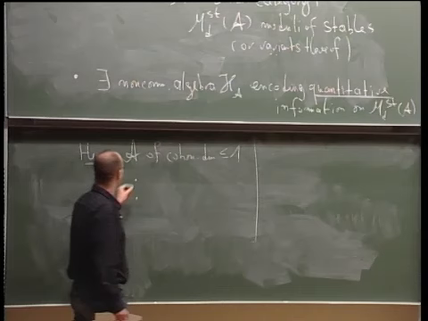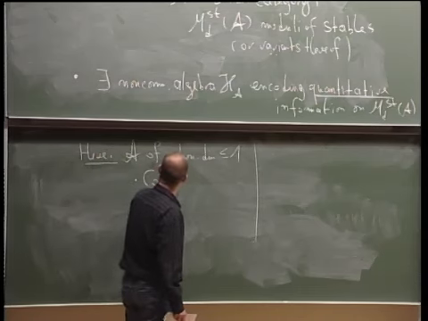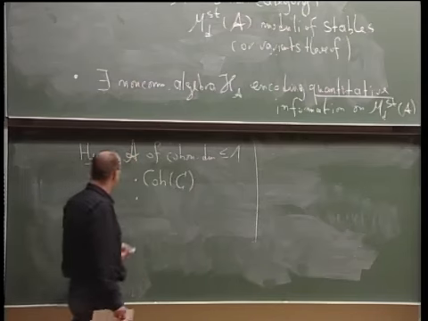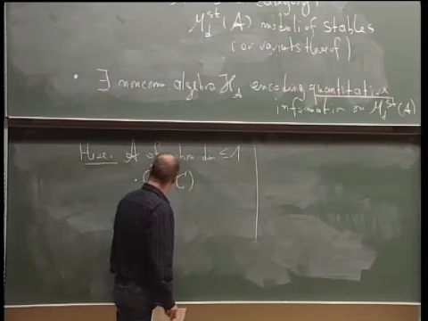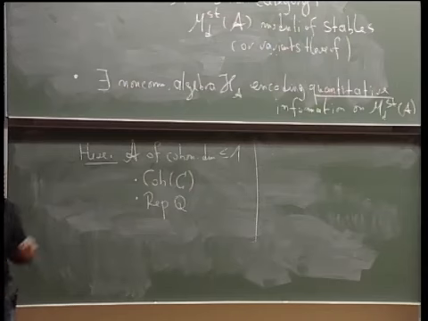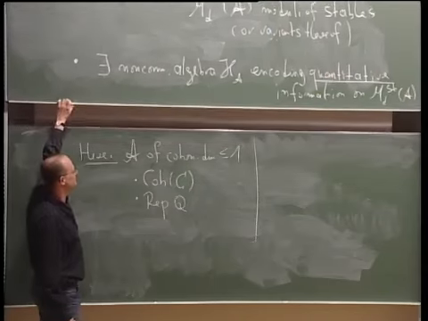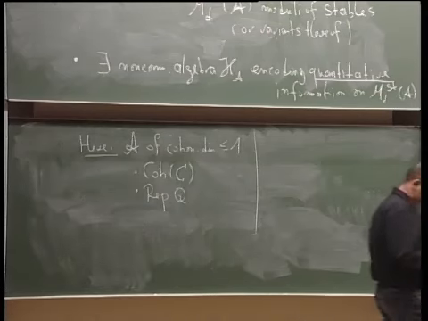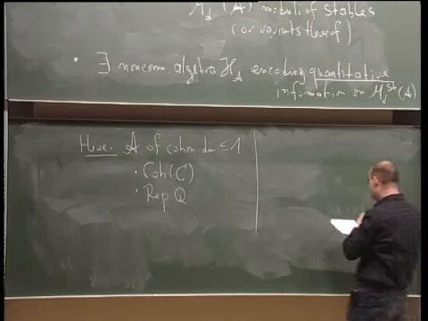The one which I will not talk about is coherent sheaves on a smooth projective curve. And the other is representations of a quiver. That's the one I will talk about, and I will explain in a minute why. And then all this strategy was also successful there.